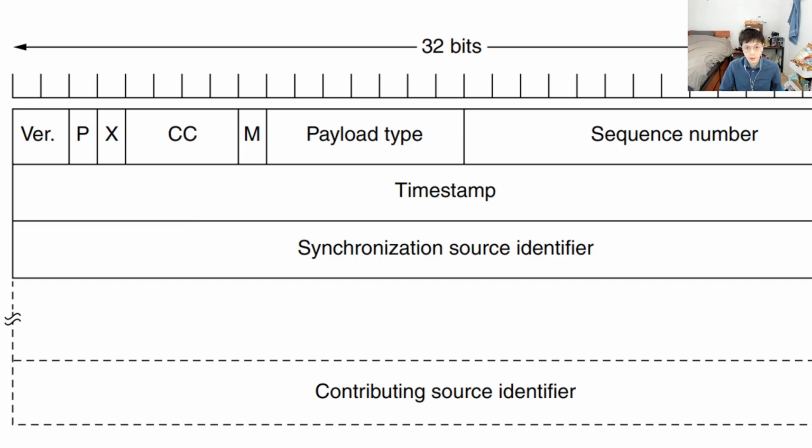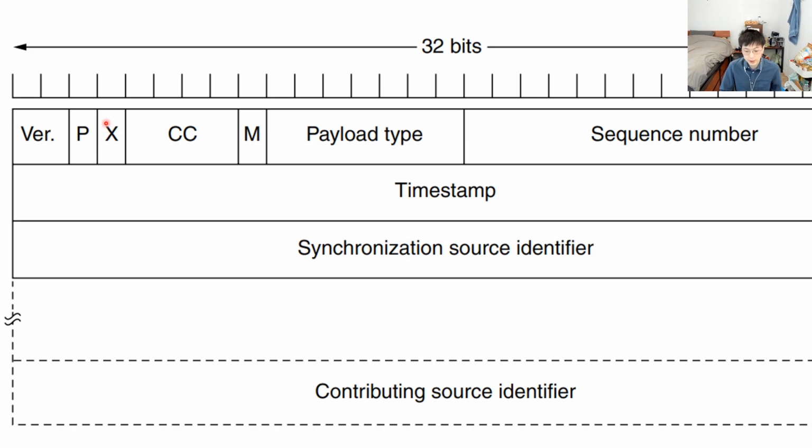So this is the RTP header. The first 2 bits are the version number, and we are currently using version 2. The P bit indicates that the packet has been padded to a multiple of 4 bytes.